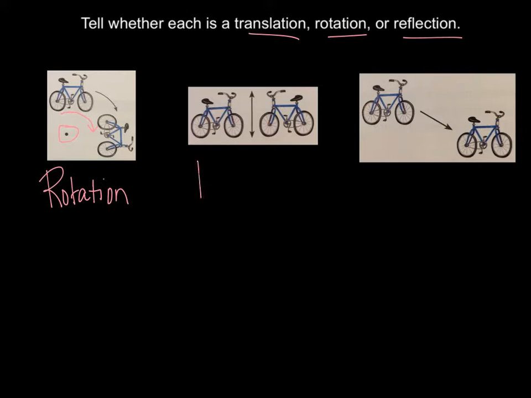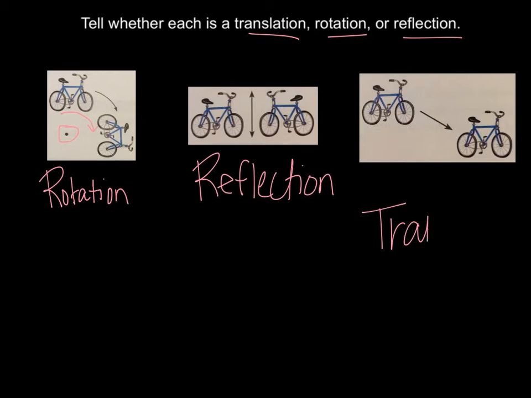So this is called a reflection. And here we have just a diagonal slide. And remember, slides are also called translations. A translation is what that's called. So that's all we have right there for this slide.